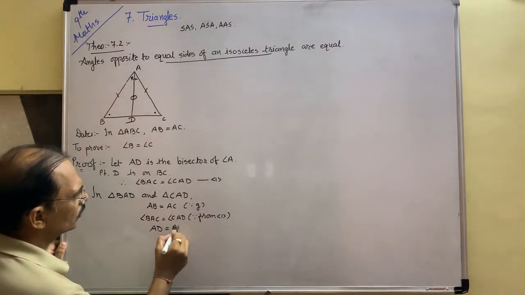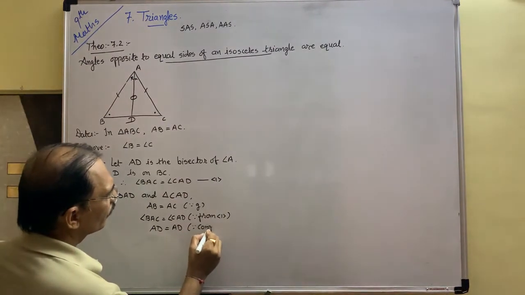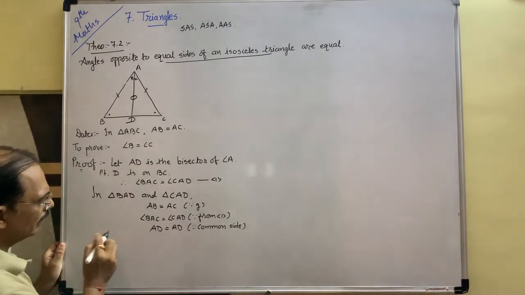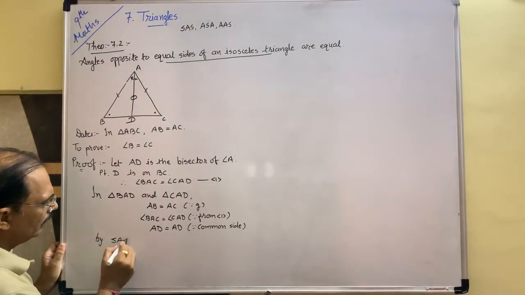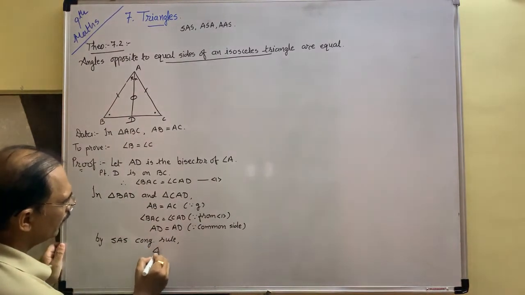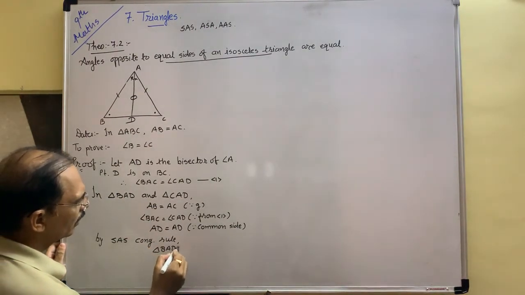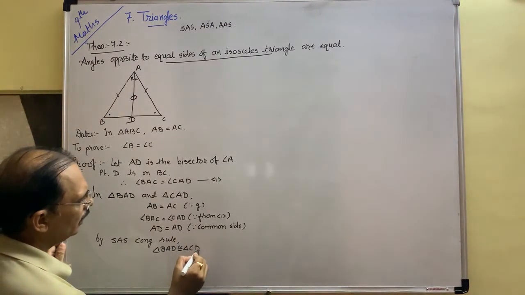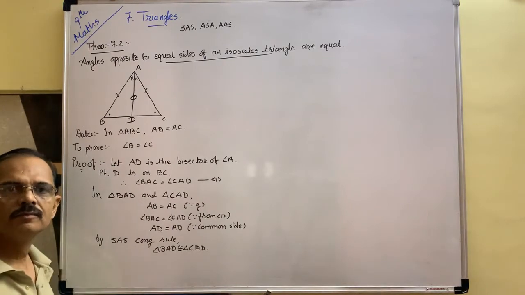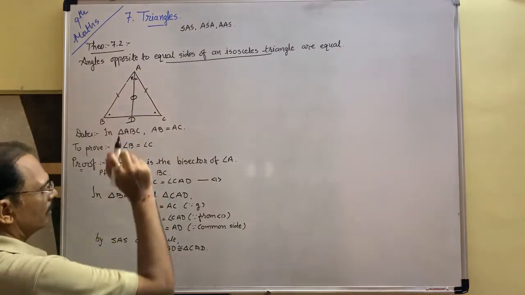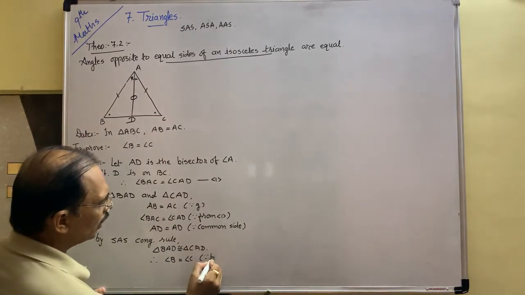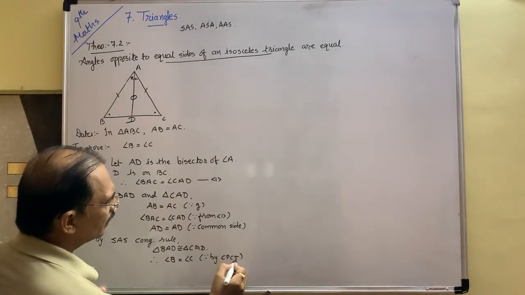So AD equals to AD, common side. So by side and the side, by SAS congruency rule, now we say that triangle BAD congruent to triangle CAD. If two triangles are congruent, then by CPCT, remaining parts, angle B equal to angle C. Reason is what? By CPCT, hence proved.